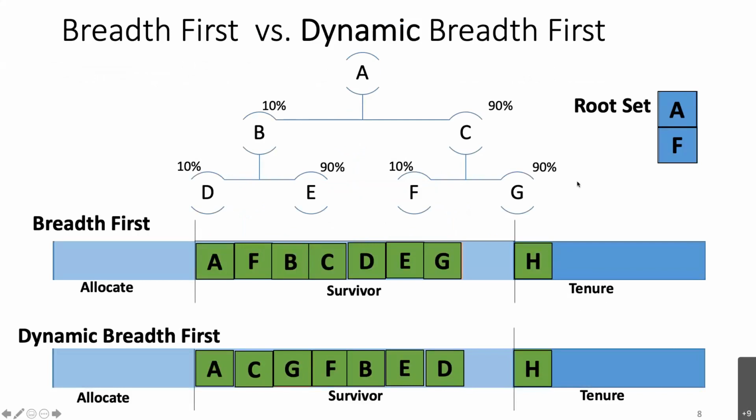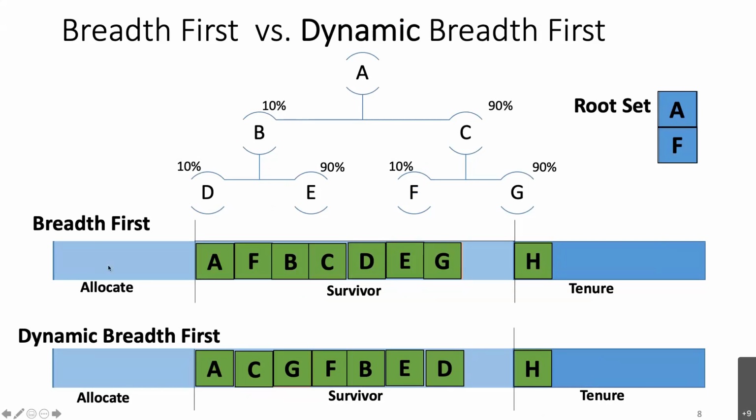But looking at breadth first scan ordering, what would happen is you'd start with the root set, so A would be scanned and copied, and then F would be scanned and copied. Then scanning A, B would be found, and as you can see, in a breadth first manner we'll have B, C, D, E, and then F, which has already been copied during root scanning, and then lastly G.